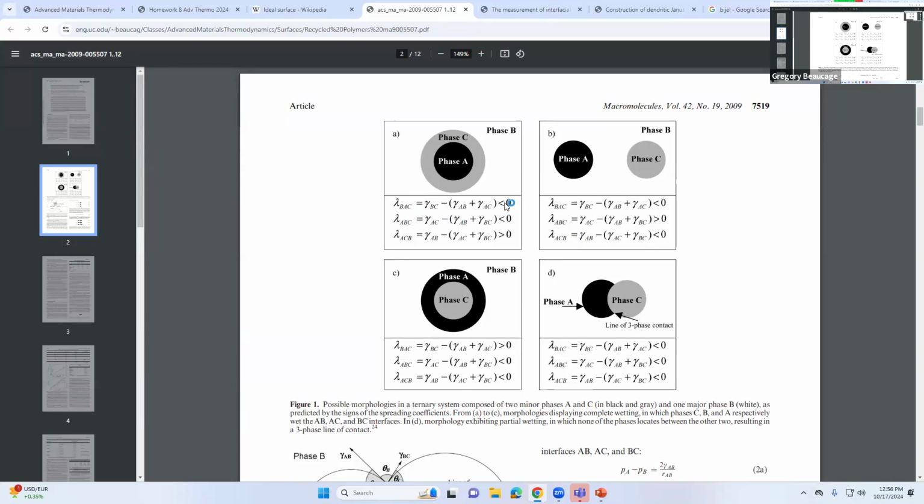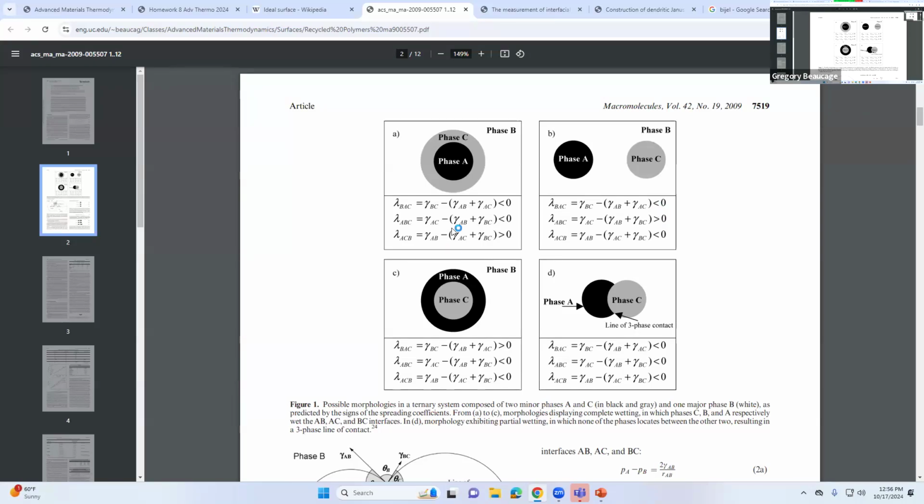If that one's negative, then you have BAC, so you have B set up like this. If you have one of them negative, it's at BAC1, then basically you're going to have this set up. It's going to be a domain coated by C with B. If you have the ACB1 or the BAC1 is negative.